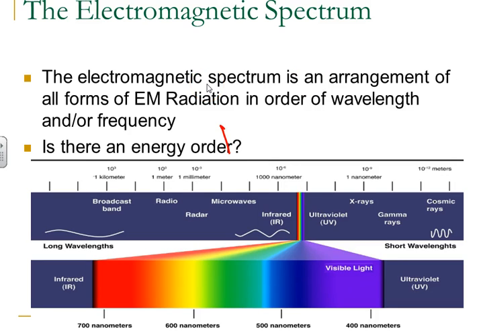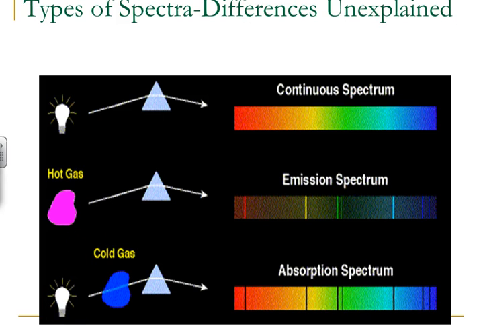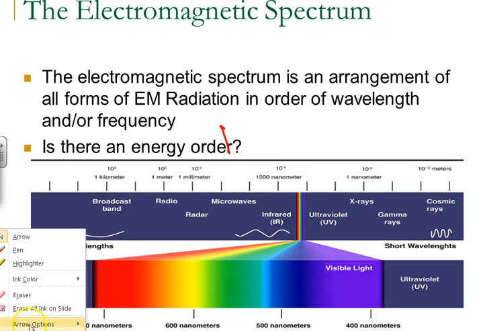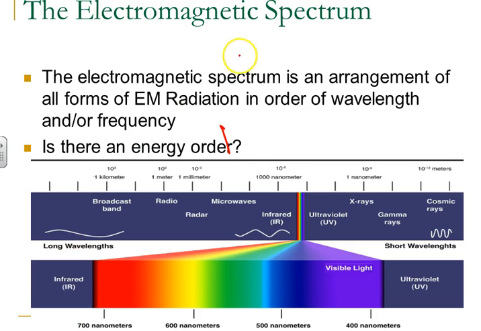Now let's take a look at all the various types of electromagnetic radiation. We're going to look at this in the form of something known as the electromagnetic spectrum. The electromagnetic spectrum is really just an ordered list of the various types of electromagnetic radiation.